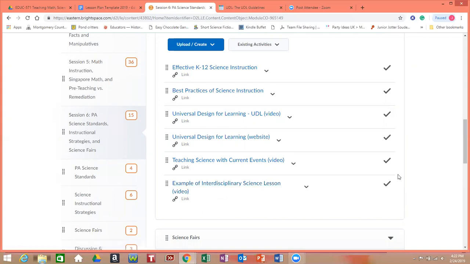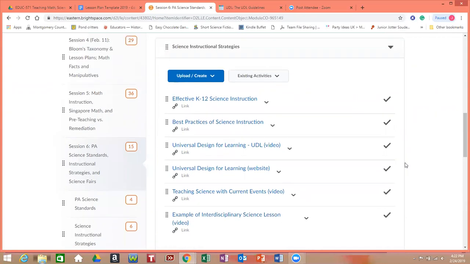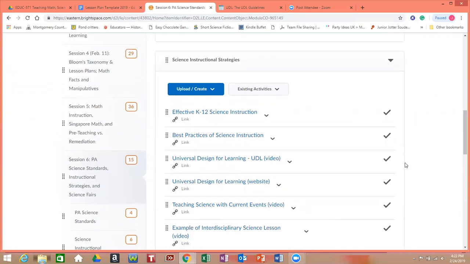And then the only other thing that I wanted to point out as far as instruction goes, depending on what school you're teaching at, the curriculum may roll out in different ways. So for example, it may be that every grade level is directly following the standards, that you're covering a life science unit and an earth space unit and an engineering unit throughout the year for that grade level.